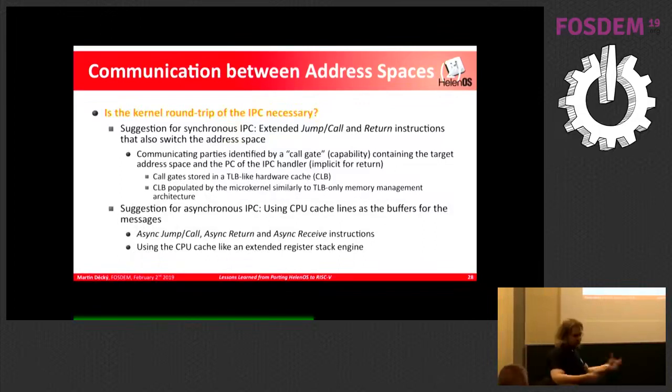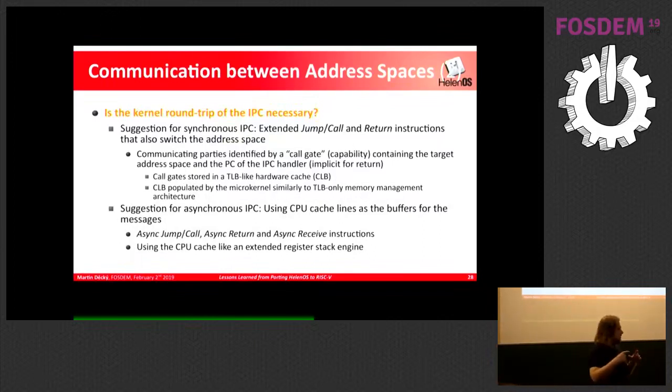So again, the microkernel will be fully in charge of deciding which client can call which server. But for the most frequent calls, the mechanism will be streamlined by the hardware.